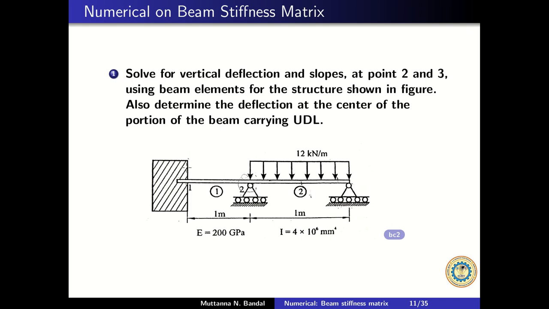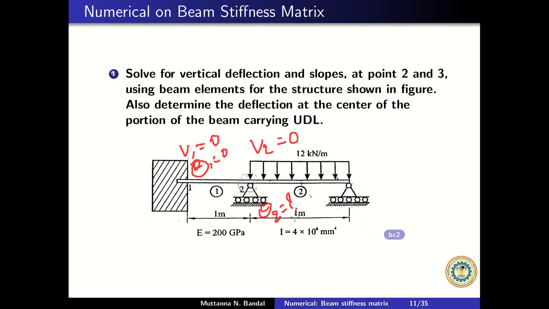So let us do that here before going for the discussion on the problem. So if it is fixed, v1 equal to 0 here, theta 1 is equal to 0 because it is not allowed. But here v2 equal to 0 and theta 2 is not equal to 0 because a rotation is allowed here.